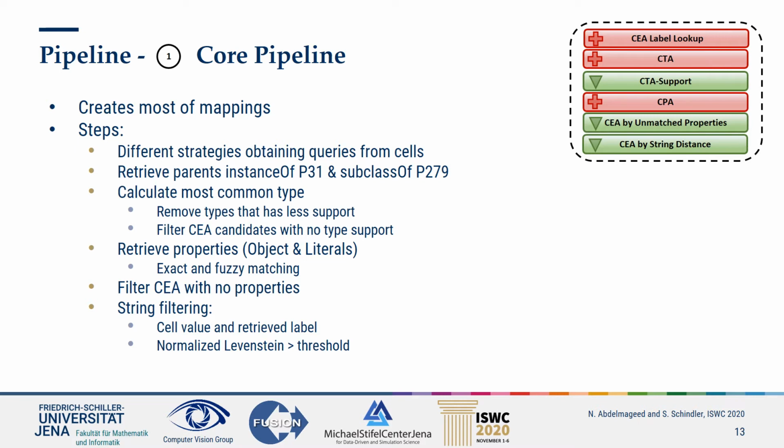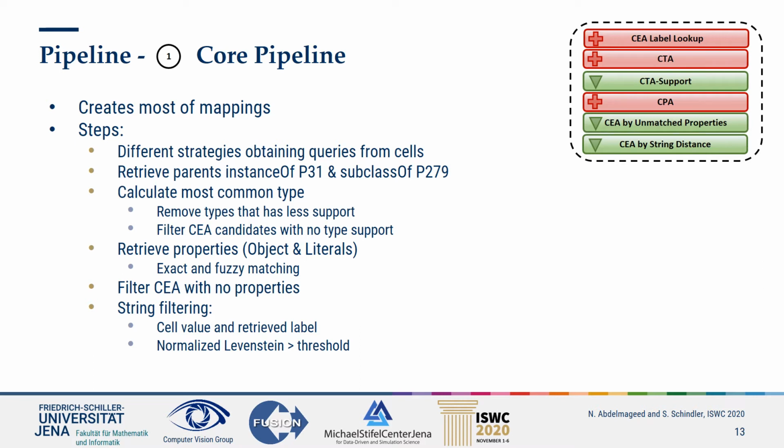Then we aggregate the results per column. Afterwards, we filter those types by calculating their frequencies and drop all types that are supported by fewer than a certain number of cells. The same filter affects the CEA mappings as well, such that we remove CEA candidates that have no CTA support anymore.